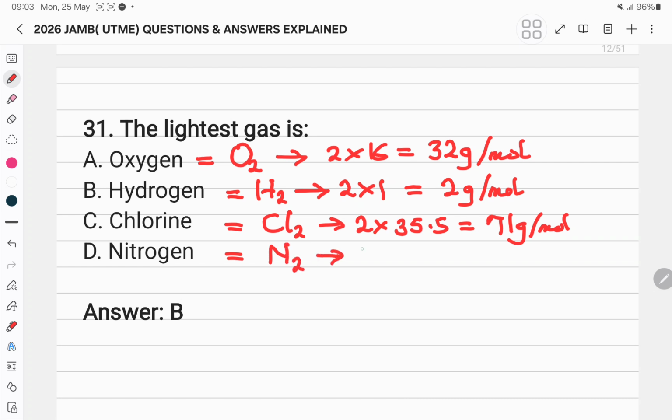The atomic mass of a nitrogen atom is 14. 2 times 14 gives us 28 grams per mole. So among them, the one that has the least relative molecular mass, or molar mass, is hydrogen. So that's the lightest gas among all the common gases known.